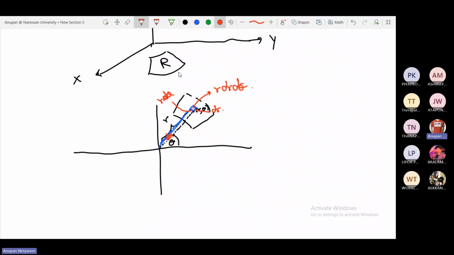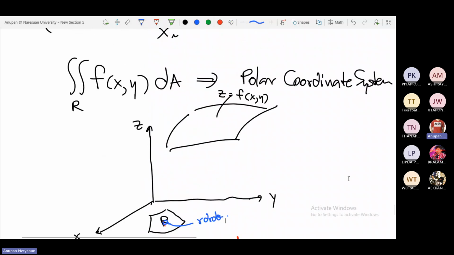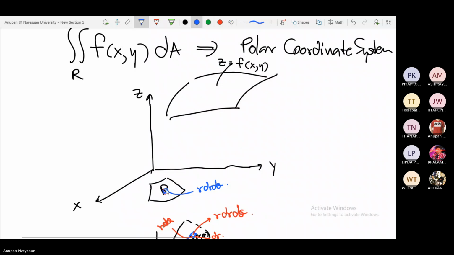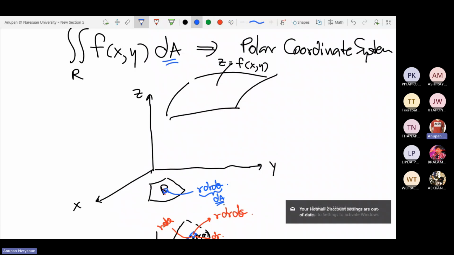Now, right now we have this rectangle. And then you know that this one is the d theta, the area. Okay. And when you multiply this, you can think of this as your dA, which we have done before in the rectangular system.